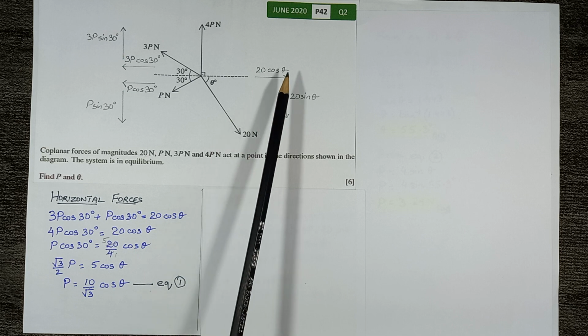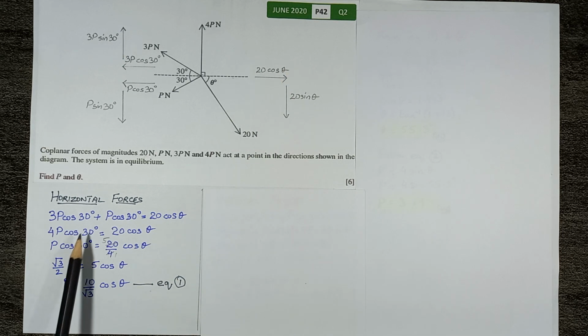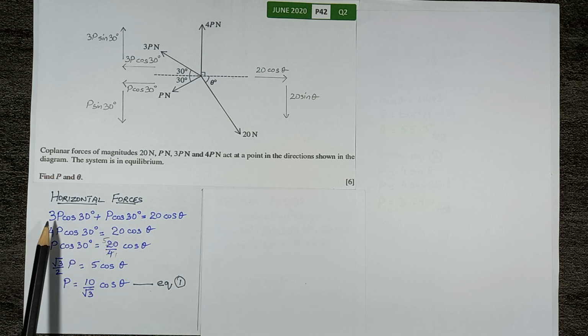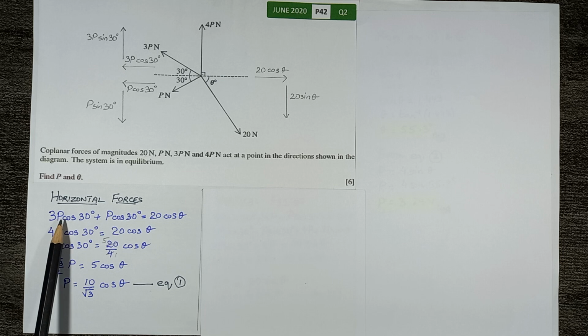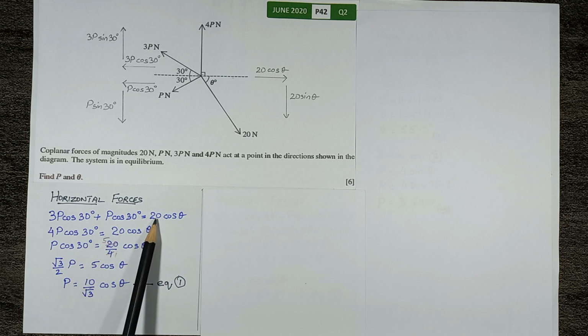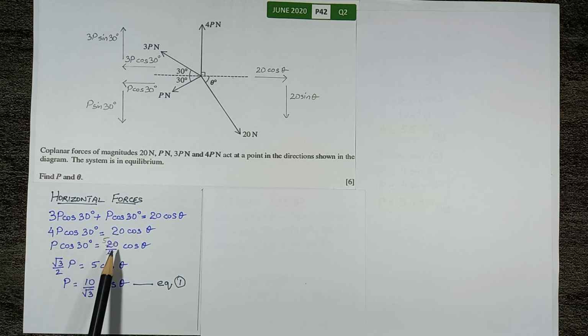Then simply by simplifying it, because both are in P cos 30 degrees, it would be 4P cos 30 degrees equal to 20 cos theta, and from here simply divide by 4. So 20 divided by 4 would be 5, and we have P cos 30 degrees.